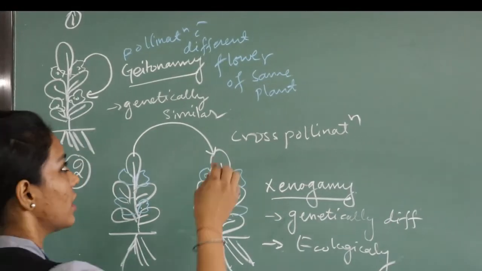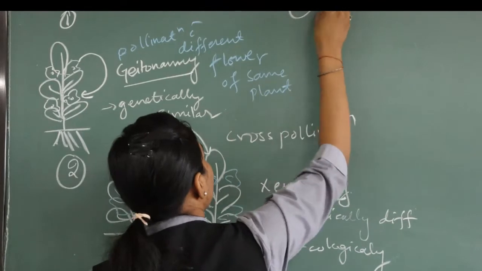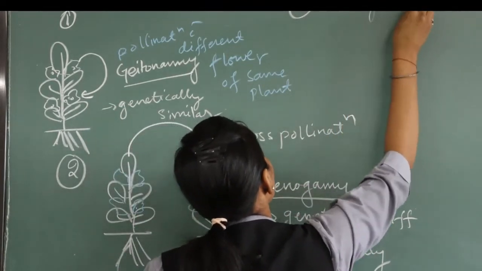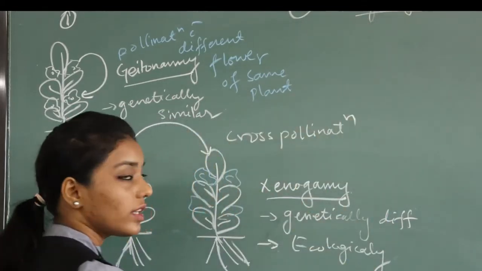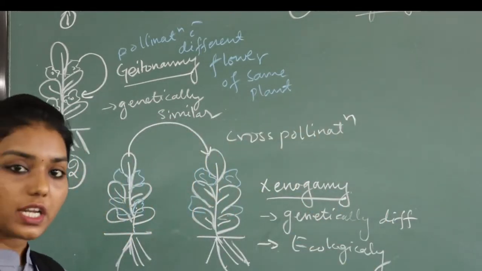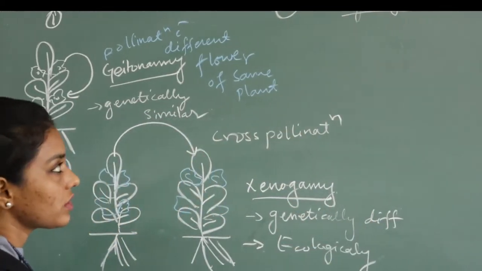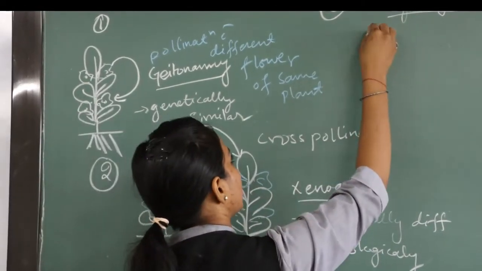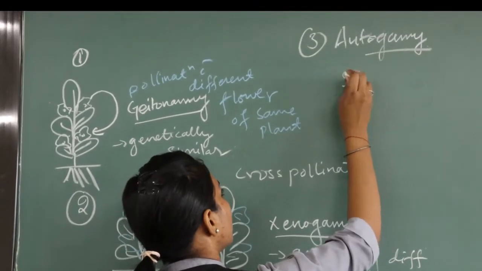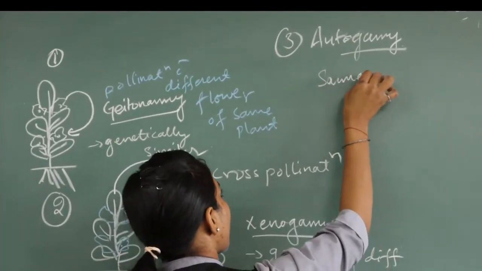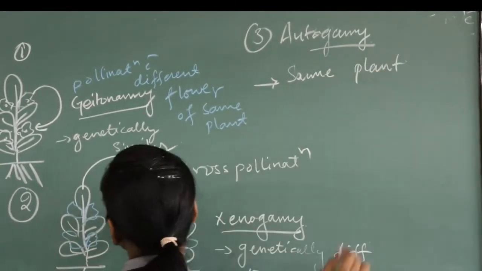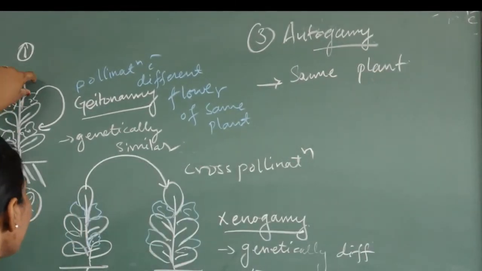Now we will see the third type, that is autogamy, today. Autogamy is transfer of pollen grain from anther to stigma of the same plant.